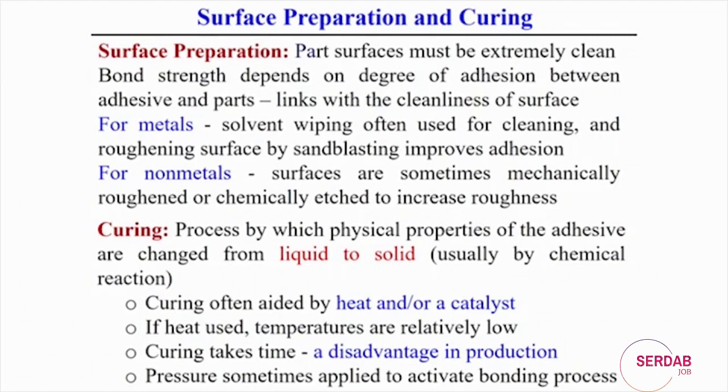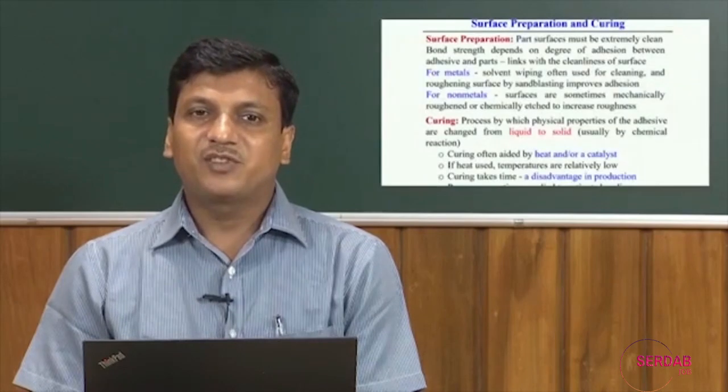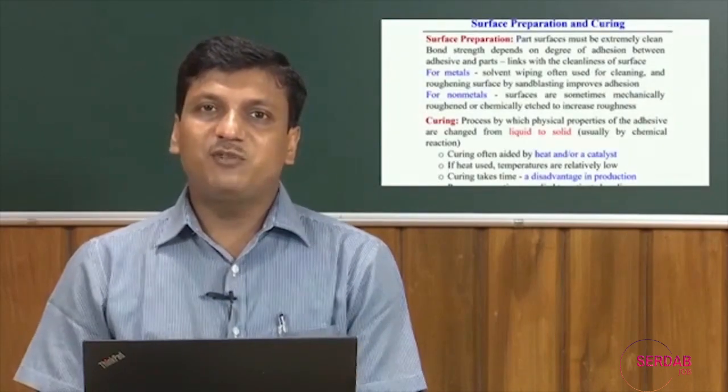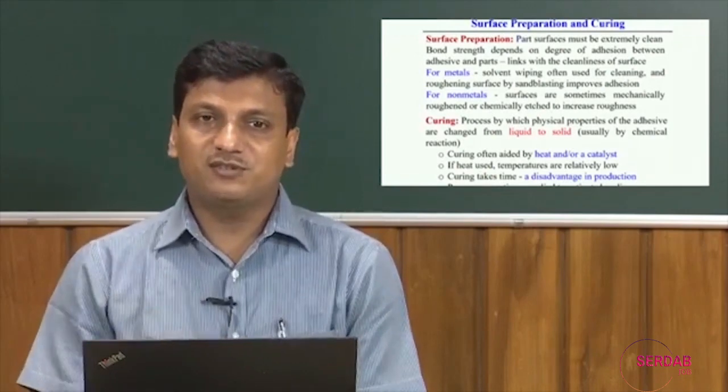Sometimes sandblasting is required to improve the surface roughness of the material. But the surface should not be too rough, as there may be other difficulties; a certain roughness is required so that the wetting action of the adhesive on the surface can be good.